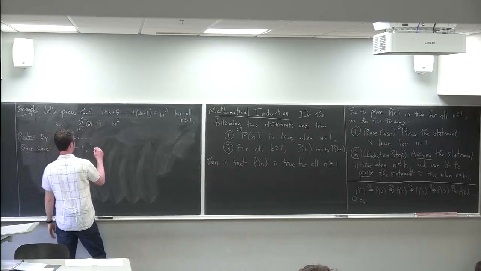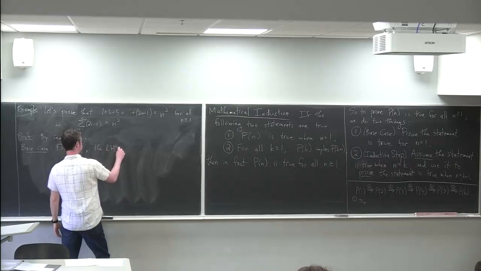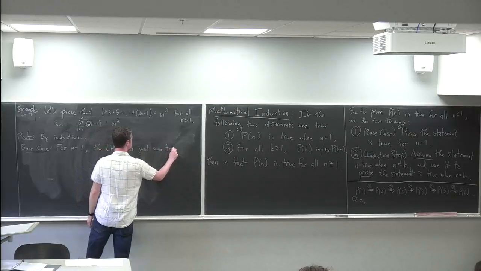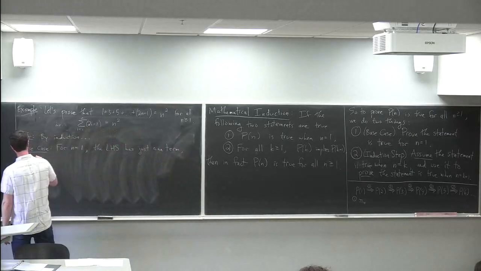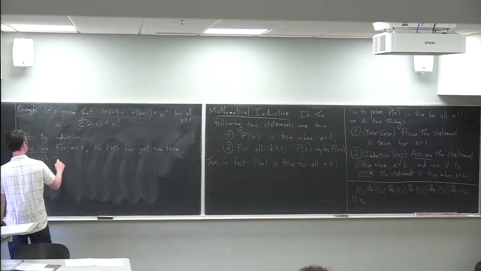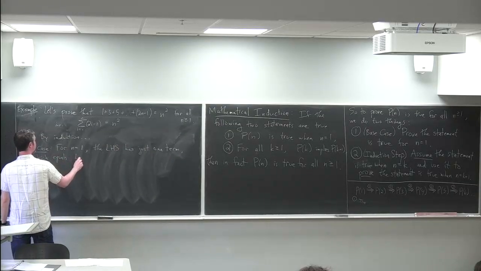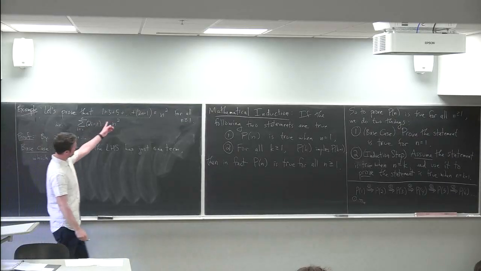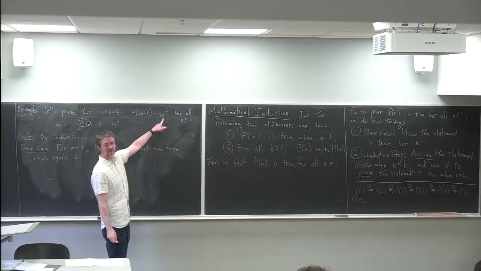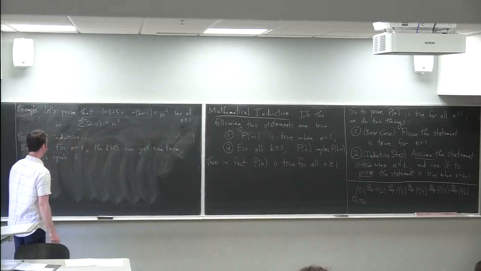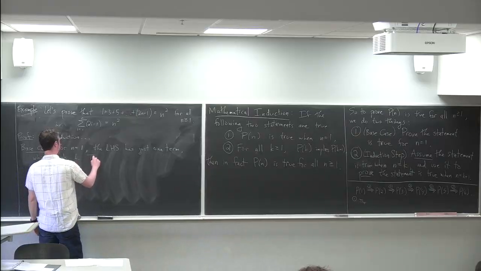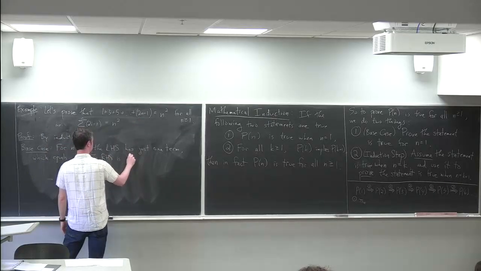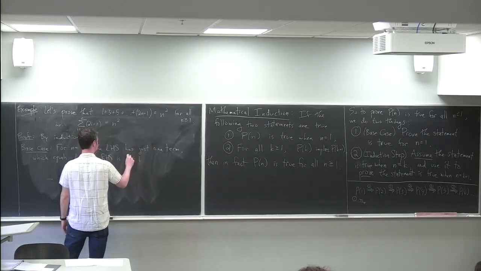So when n is 1, the left-hand side has just 1 term, which equals 1, the number 1. That's all you see. And then the right-hand side, n squared, would be 1 squared, which is also 1.